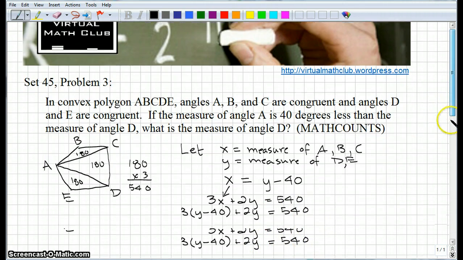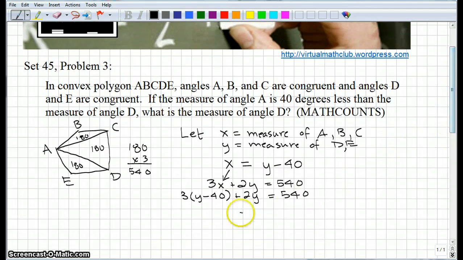Let me scroll down a bit. And so let's distribute the 3 inside the parentheses. So that gives me 3y minus 120 plus 2y is equal to 540.